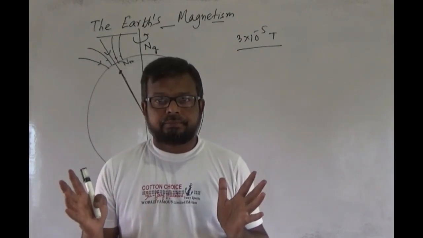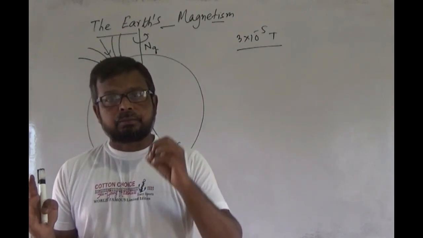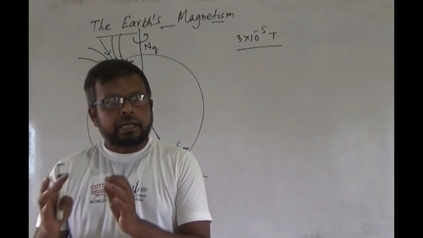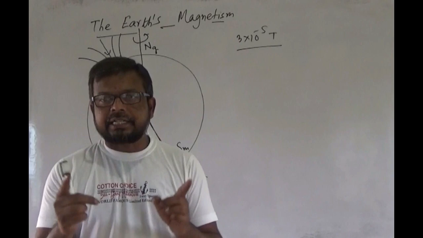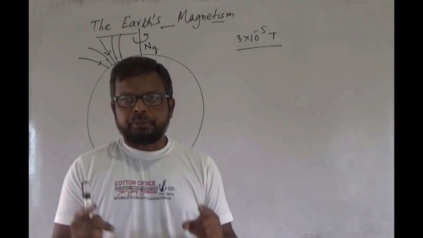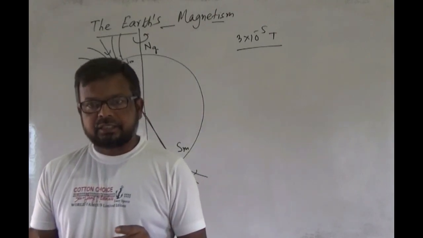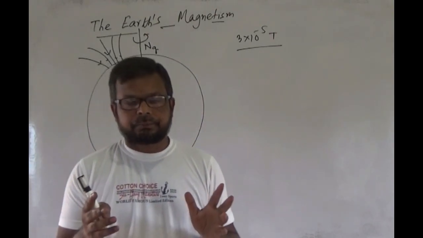Earth has charged molten fluid. The charged fluid rotates along with the Earth and sets up currents, which may be the reason of Earth's magnetism. And this effect is known as the dynamo effect.